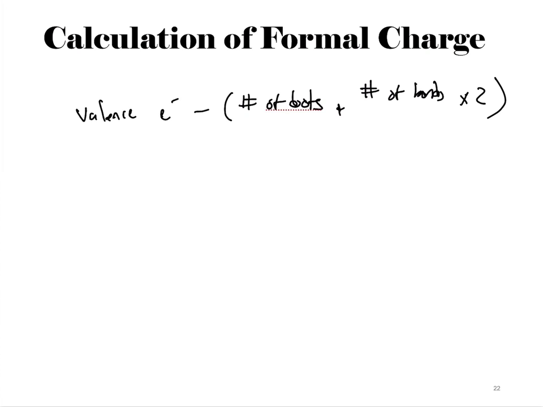So when we have a Lewis structure, we have the number of valence electrons minus the number of dots plus the number of bonds times 2. And this gives us the formal charge on the atom.